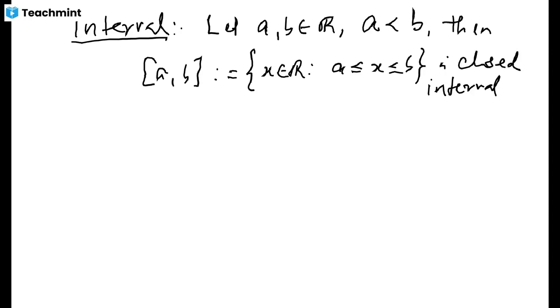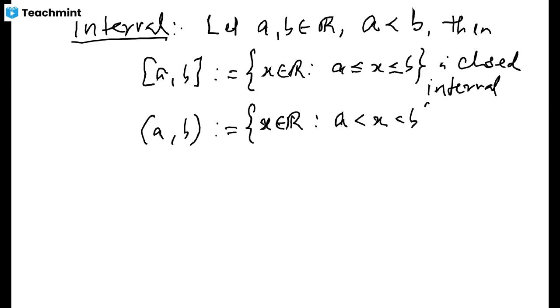And another type of interval that we have uses these brackets (A, B) to denote it, and this interval is the set of all those real numbers which lie strictly between A and B. What is the difference between the closed interval and this new interval, which is known as the open interval?